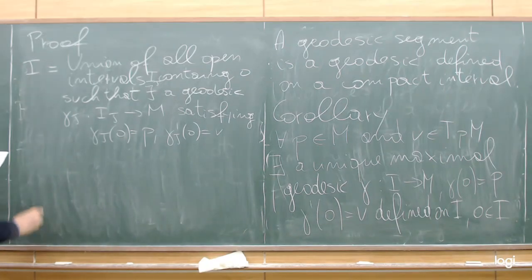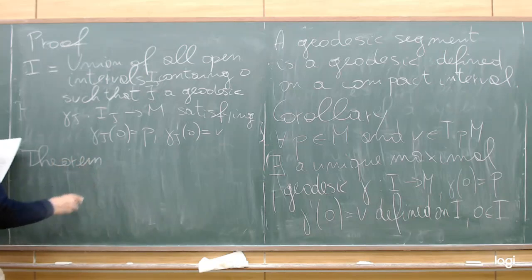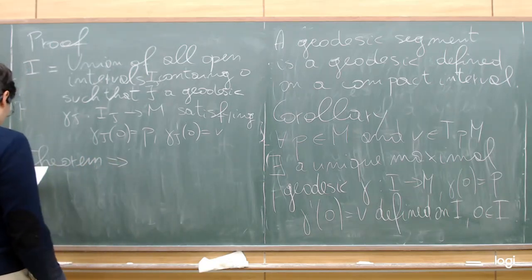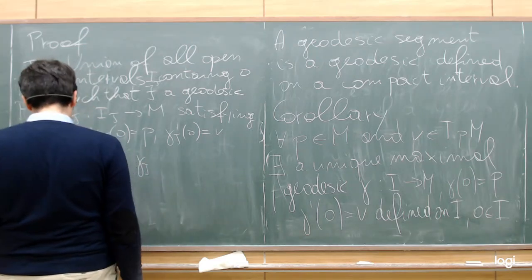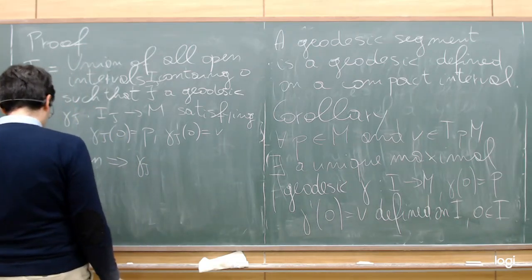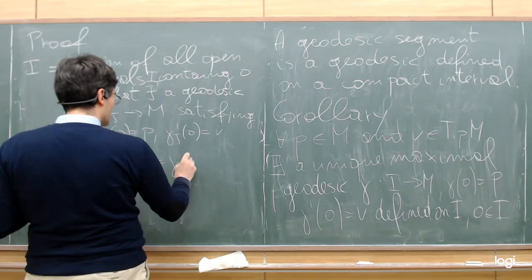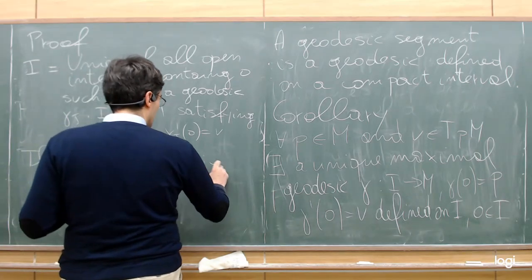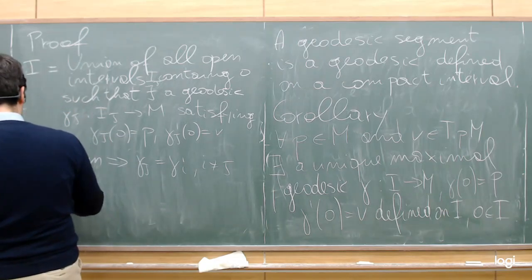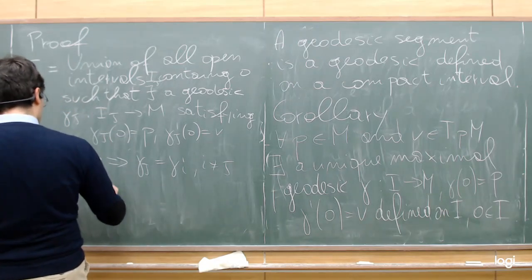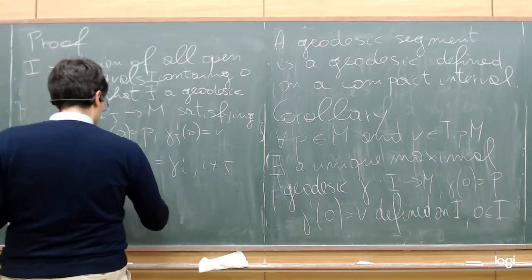The theorem we proved implies that gamma_j coincides with gamma_i, i different from j, where gamma_i, gamma_j overlap.